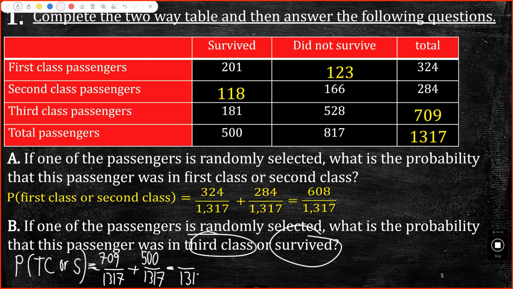1317. Now here is the double count. How many were in third class and survived? Third class and survived 181. That's the double count.